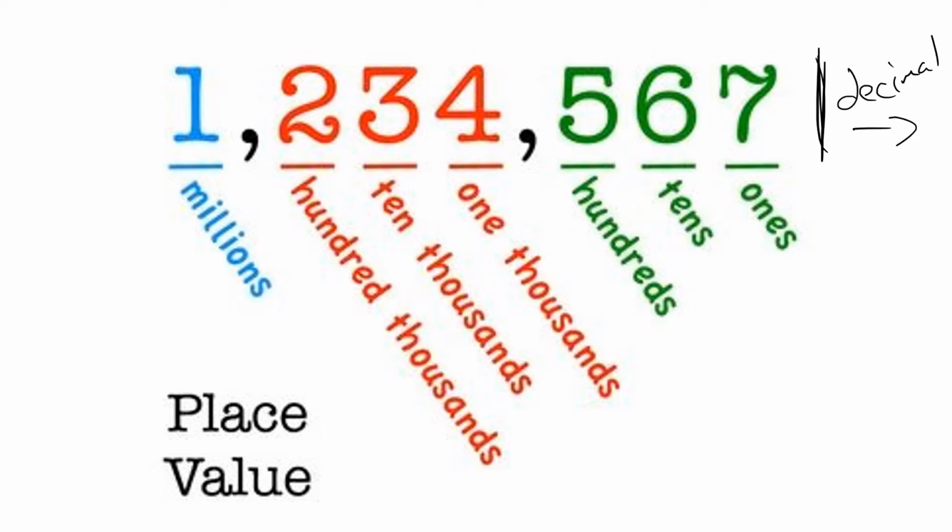So our first set of three numbers, our first place value on the very far right of any number, is the ones place. From there we have the tens. We multiply by 10 each time we go up. From tens, we go to hundreds, multiplied by 10. 10 times 10 is 100. And then usually you'll see a comma in between the hundreds and the thousands.